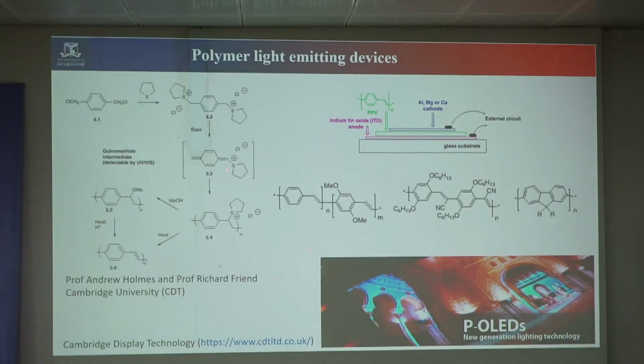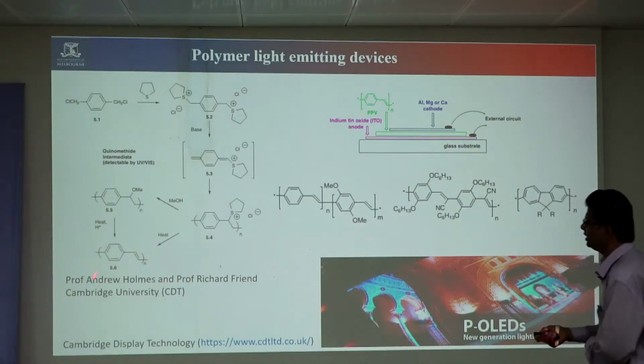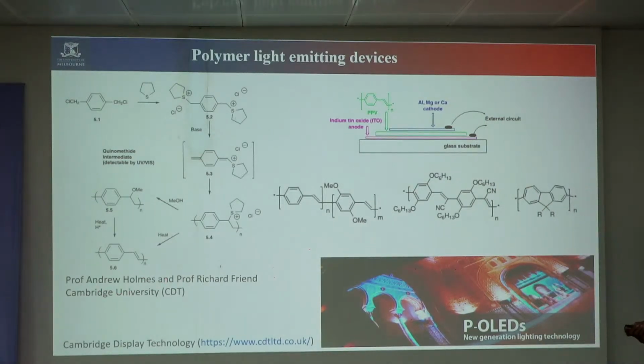Anyway, this was the very first time. The first demonstration happened with polyparaphenylenevinylene at CDT, with Professor Andrew Holmes and Richard Friend, who is still working at CDT. They demonstrated the light-emitting device, and the spin-off company CDT is still running. Andrew Holmes is a synthetic chemist. Originally he was at Cambridge, and in 2006 he came to Melbourne and started organic electronics research.